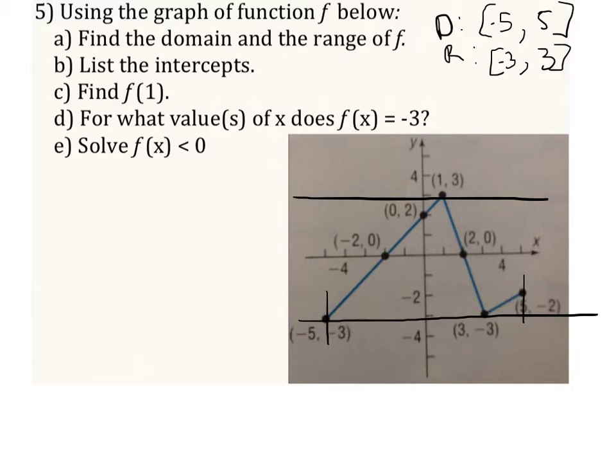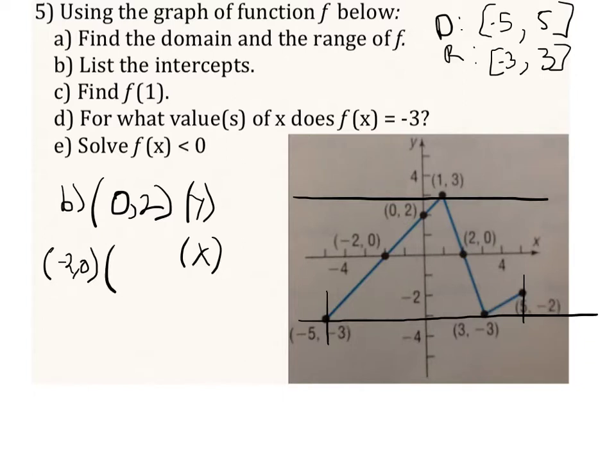We want to list any intercepts. So for B, I've got a y-intercept of 0, 2, and x-intercepts of negative 2, 0, and 2, 0. Right here and here. And a y-intercept there. Okay.